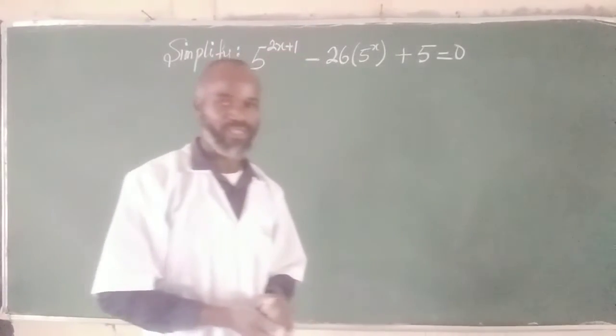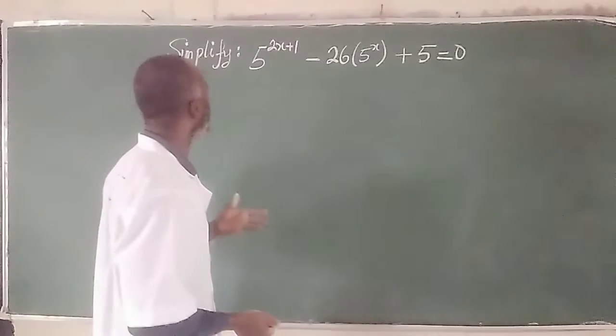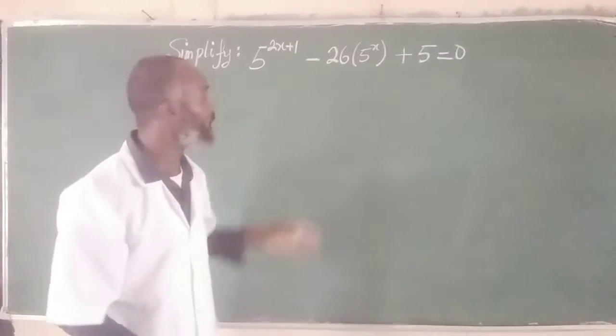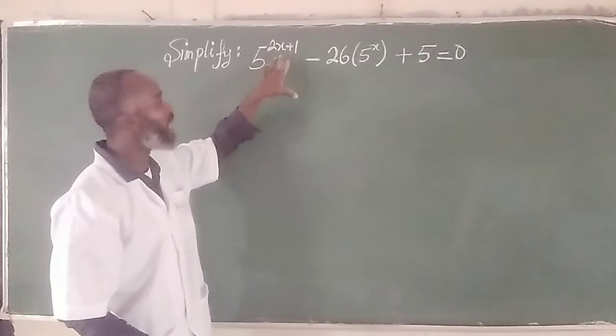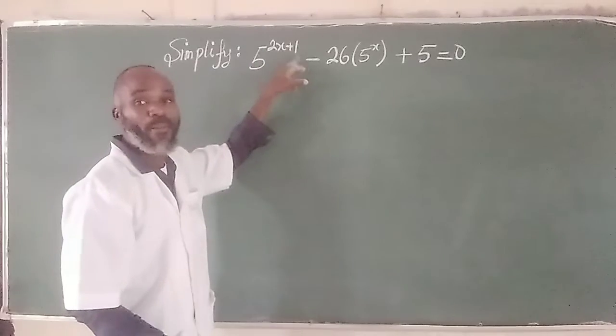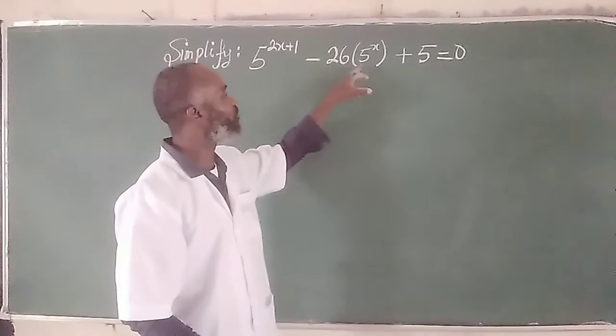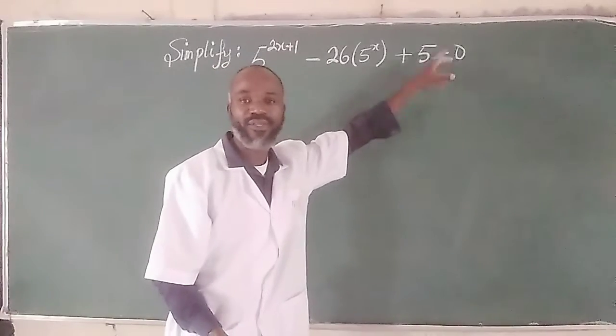We have another question that is a bit similar to the first one we solved, but there is a twist here. This one has 5 raised to the power 2x plus 1 minus 26 times 5^x plus 5 all equal to 0.